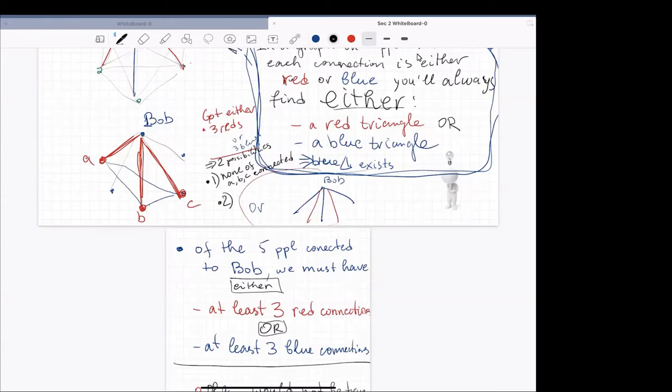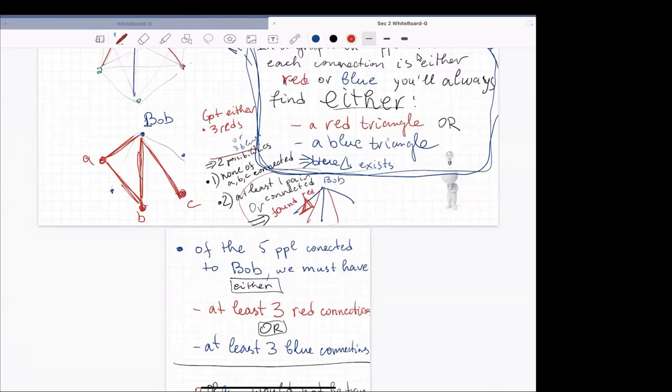It's a possibility that all of them are connected, but another possibility is that at least one of the pairs, for example, let's suppose A and B are connected. If that's the case, then we found a red triangle. Do people agree?